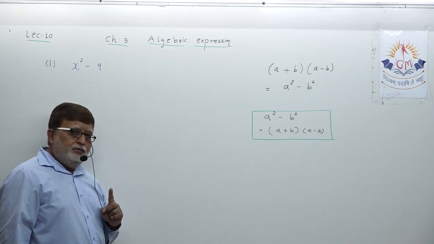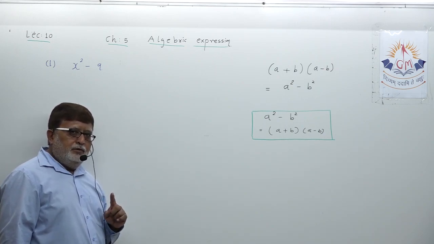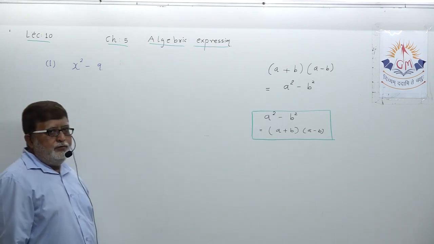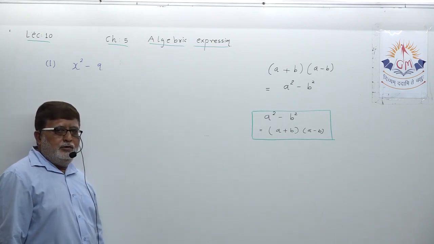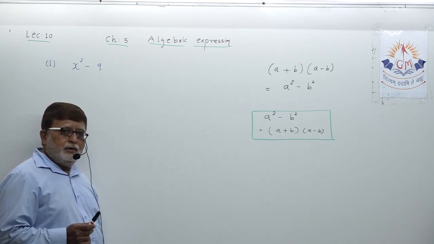There must be 2 terms. What is the sign between the 2 terms? Negative. It is compulsory.